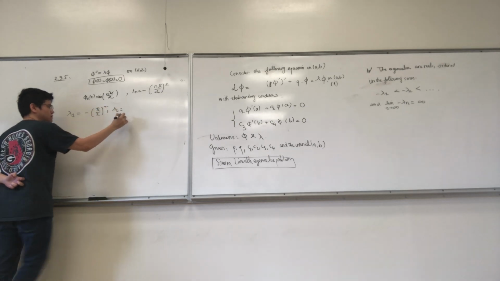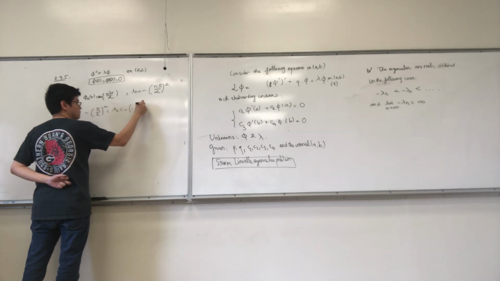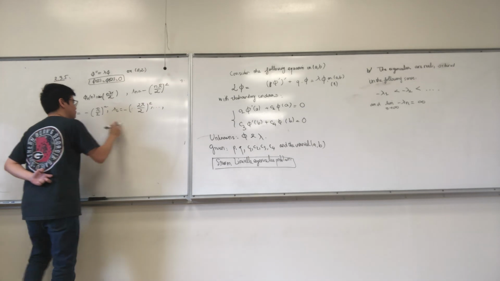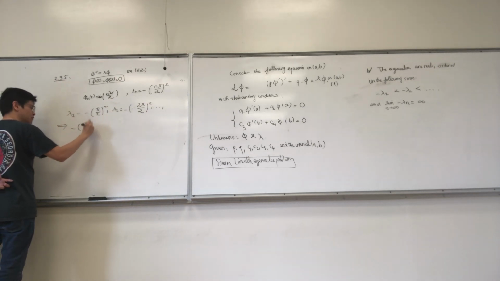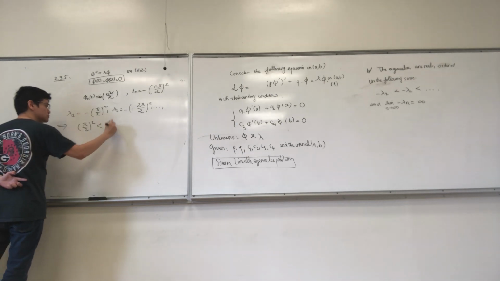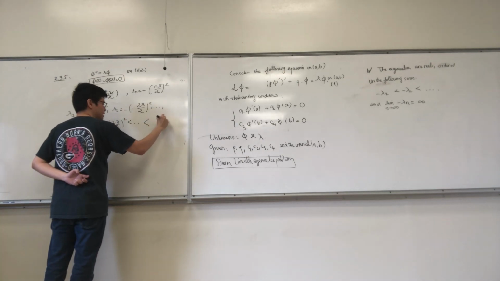Lambda 2 will be minus (2 pi over 2) squared. Which means that (1 pi over 2) squared is smaller than (2 pi over 2) squared, smaller than (n pi over 2) squared.